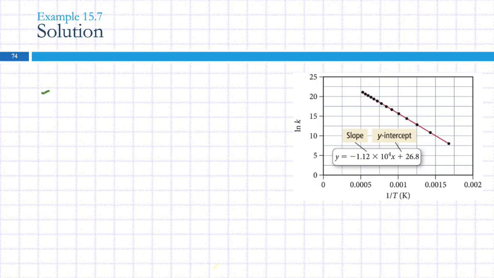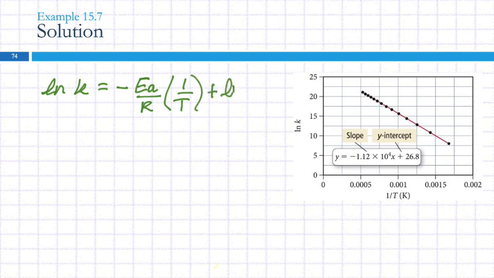And so the natural log of K is equal to negative EA over R times 1 over T plus natural log of A. We pull 1 over T out here because this is the X variable, and we want to make sure that it's not lost in here.